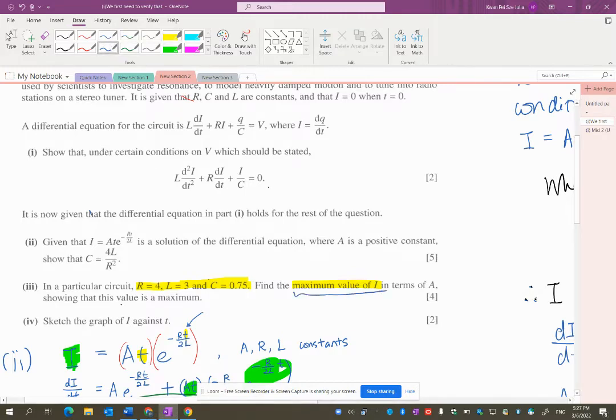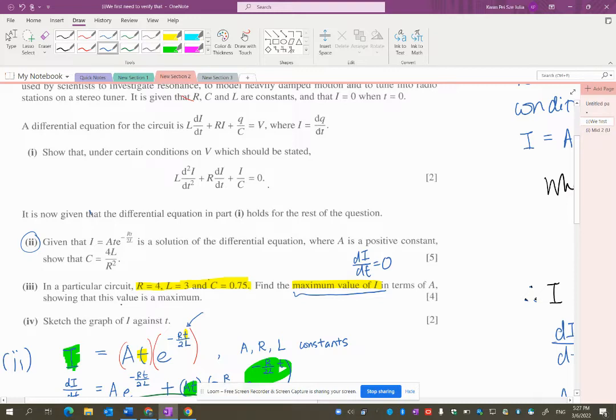To find the maximum value of I, you know that you need to set dI/dt to 0, right? So from there we do. Okay, so how do we start this question? Now take note that some of you may say you can use part 2 because you already have the dI/dt, and so forth.